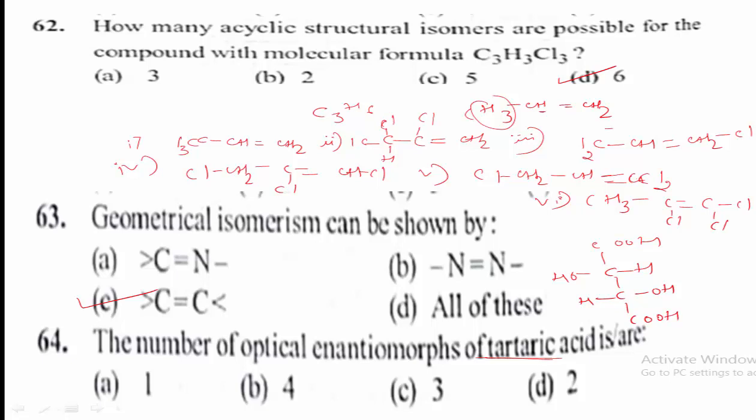Students, this is the structure of tartaric acid. Is it right? Yes. What about this carbon atom? Is it a symmetric or asymmetric carbon atom? Observe carefully. This is an asymmetric carbon atom because it contains here one H, here OH, here an entirely different group, and here the COOH group. Is it right? Therefore, it is one of the asymmetric carbon atoms. What about this? This is also an asymmetric carbon atom.